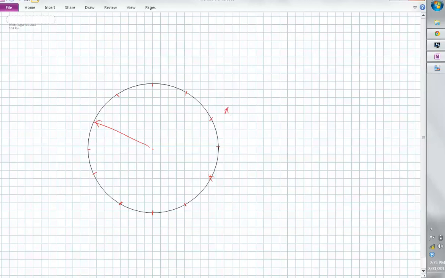It says pi over 6, pi over 3, pi over 2, 2 pi over 3, 5 pi over 6, excuse my handwriting. All you need is the cosine of that angle and the sine of that angle. Does that answer your question? Yep. Okay. I think a more interesting question is the second part of this problem.